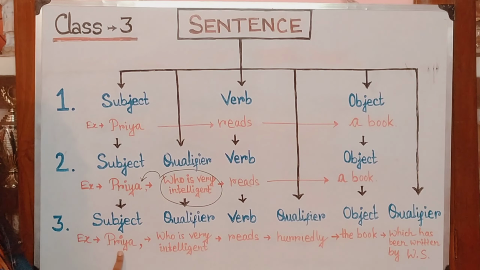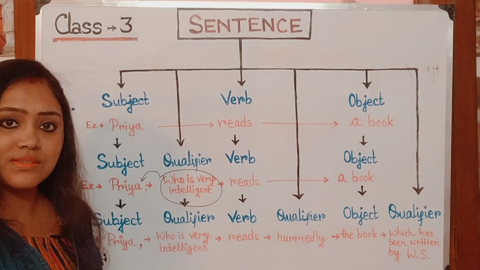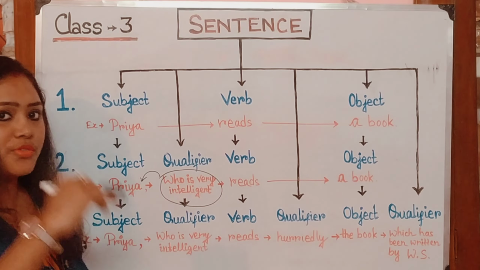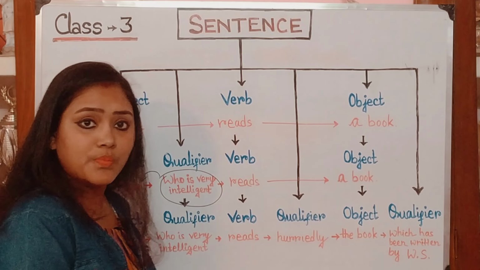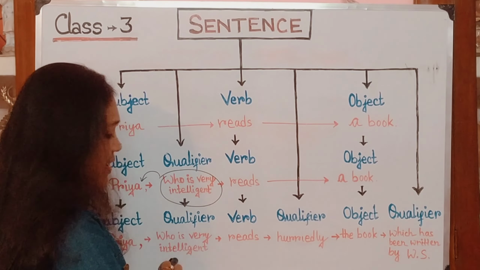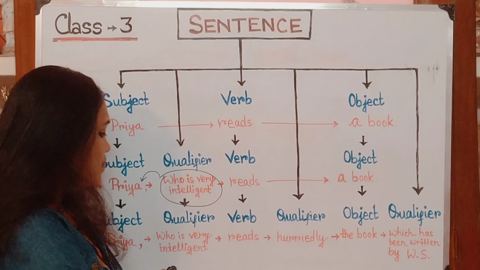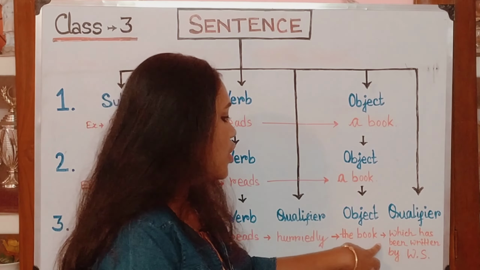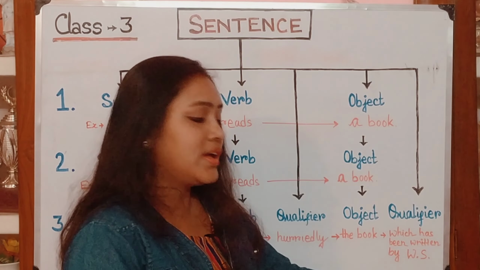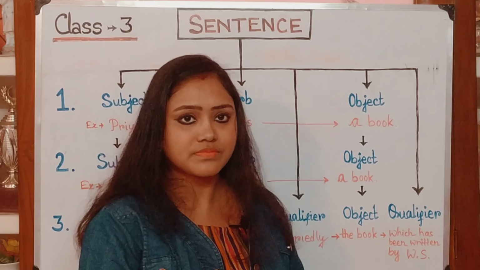Because Priya, again I use the same sentence, modified it so that you can understand it properly. Priya, which is the subject, who is very intelligent, you already know. Priya, who is very intelligent, you know, reads hurriedly the book which has been written by William Shakespeare.